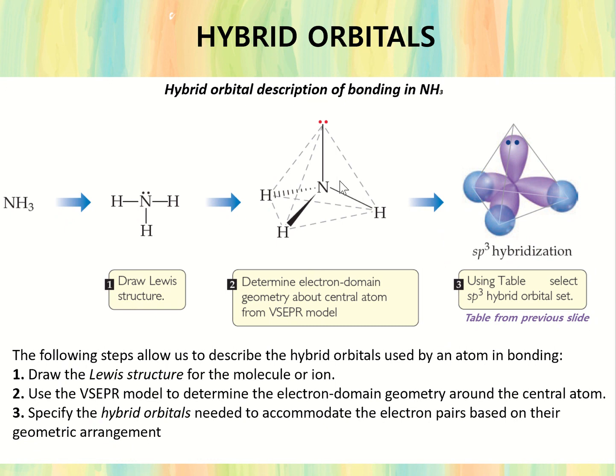So the third step is to specify the hybrid orbitals needed to accommodate the electron pairs based on their geometric arrangement. So based on that, we have an sp3 hybridization occurring for ammonia.